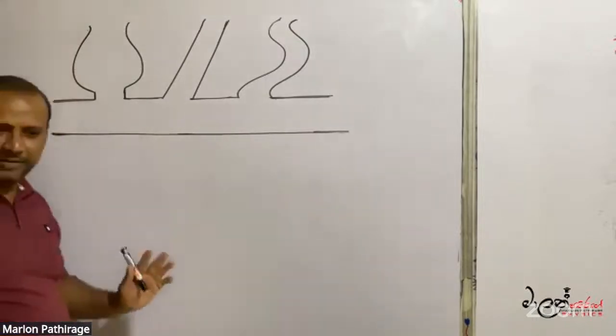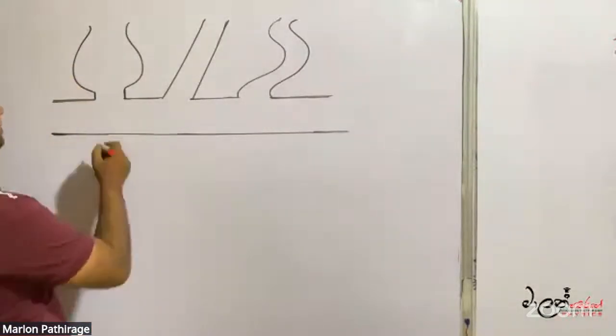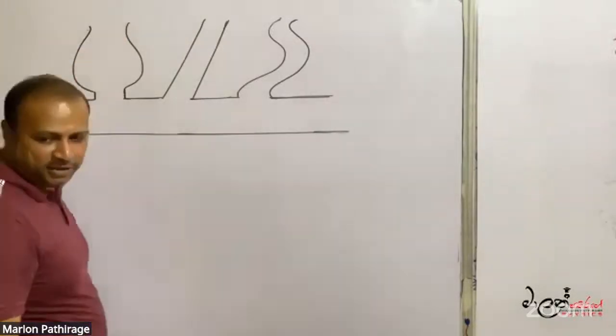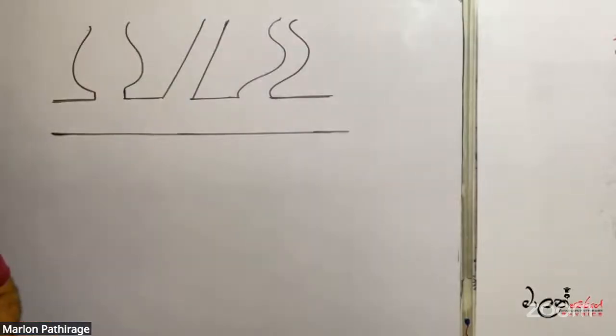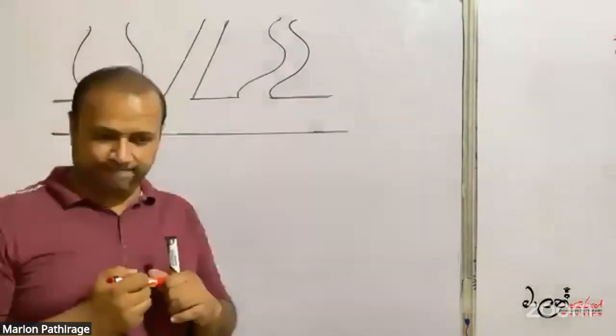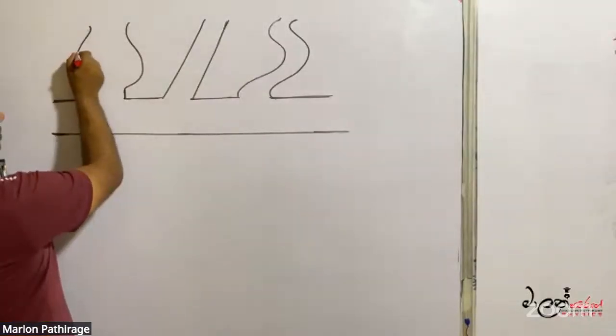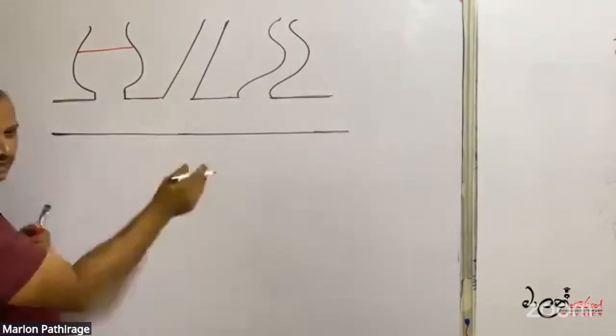Now, if you pour a liquid into this tube, definitely the top surface should be equal to that.